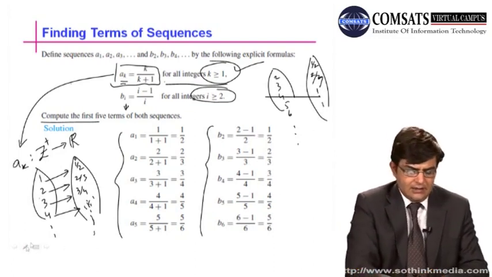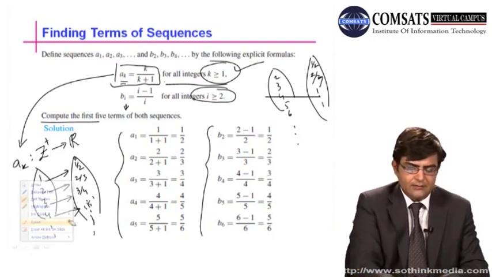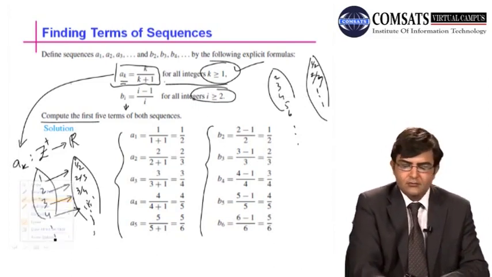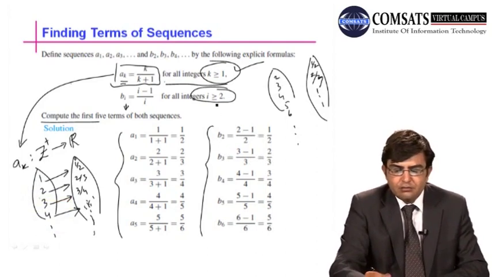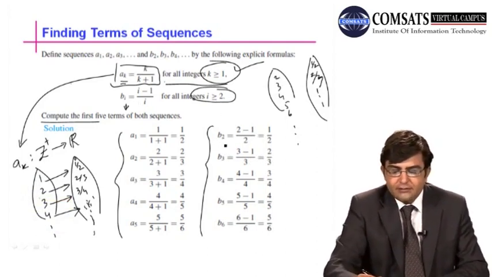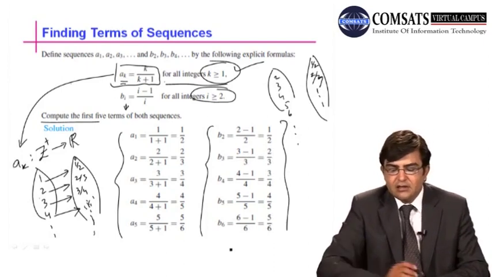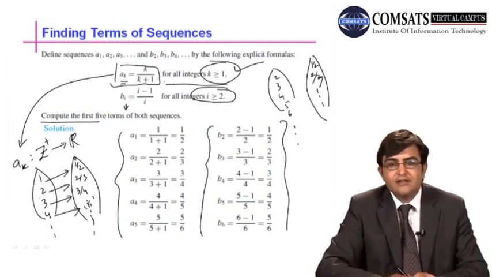We can find the next terms of the sequence. If we put 3, we get (3 minus 1) by 3 and so on. We can recover the first 5 terms of the sequence.